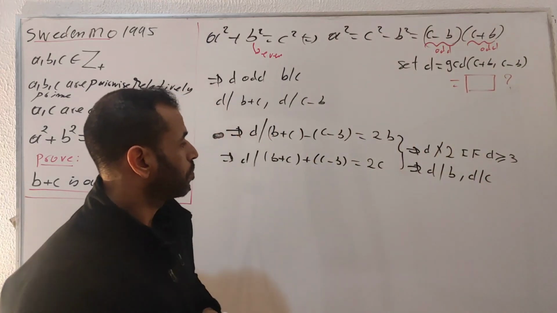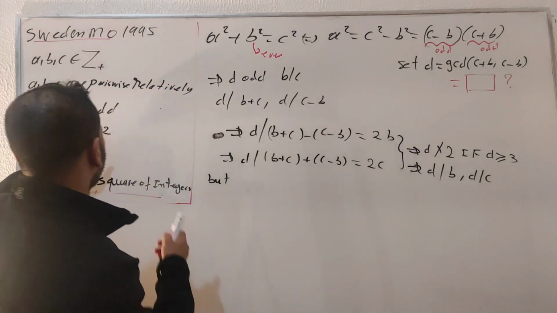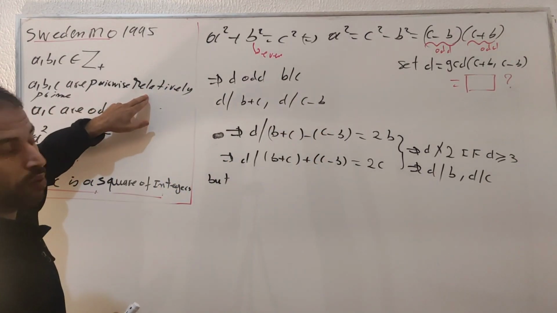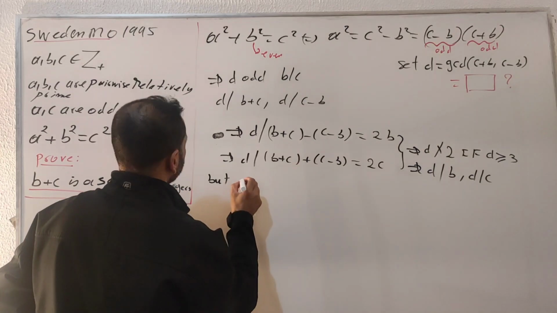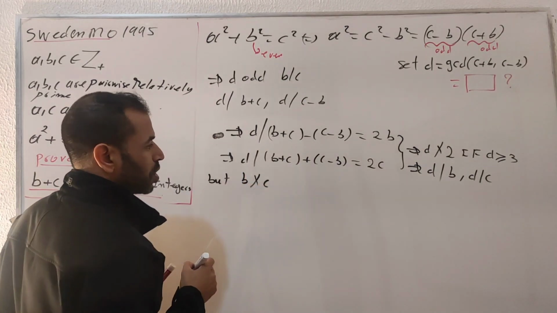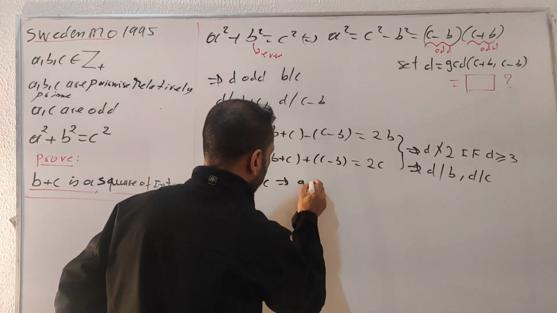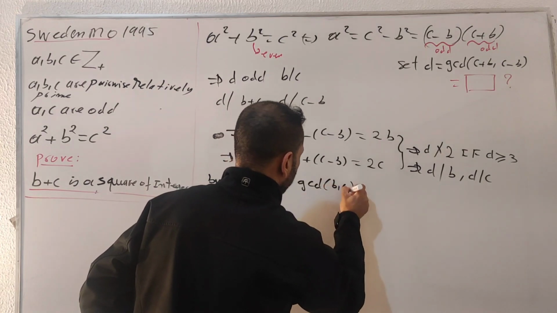But b and c are relatively prime based on the given information, so GCD of b and c equals 1.